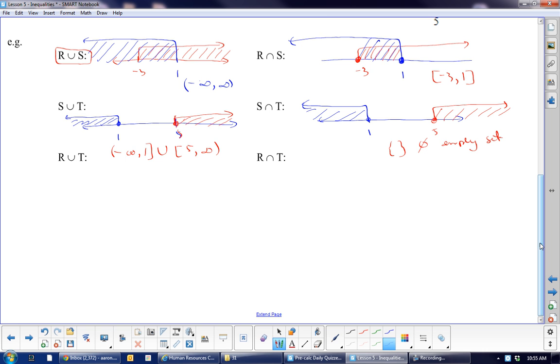So these two examples should give you some insight into the difference between the two. R union T. R has negative 3, going this way. Then T is greater than or equal to 5, right?